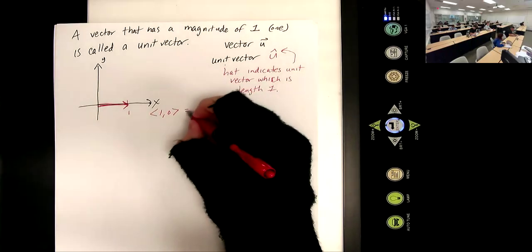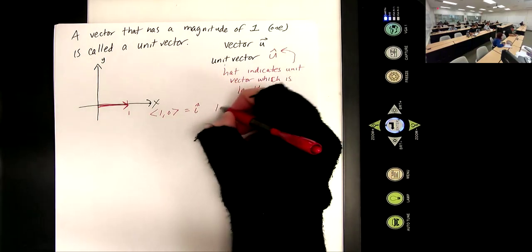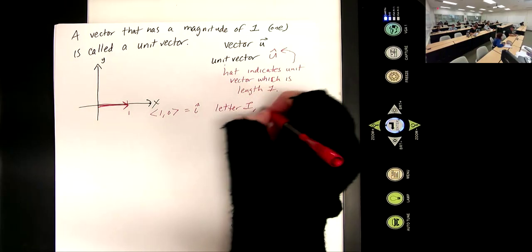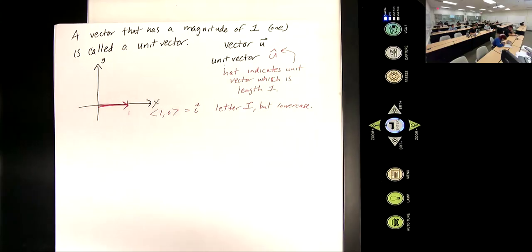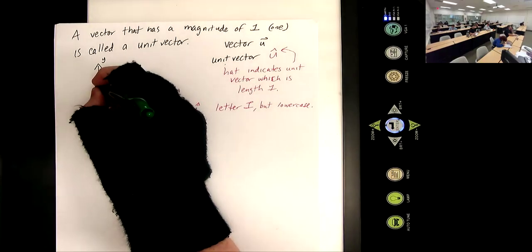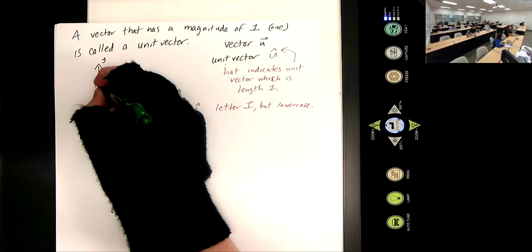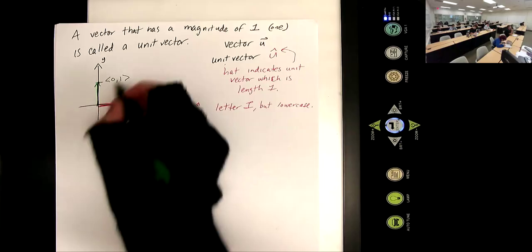They call this i, the letter i but lowercase. I always put a little curve on it because otherwise it looks like a 1. And a unit vector going up 1 would be 0, 1.